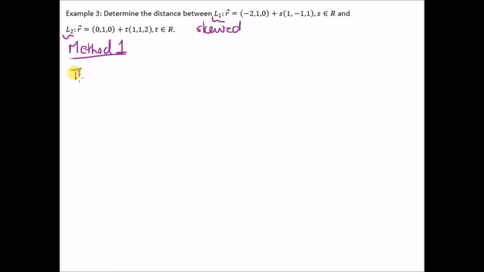So if we want to create plane 1, we're going to take the exact same point, negative 2, 1, 0. We're going to take the exact same direction vector, 1, negative 1, 1. And we're going to use 1, 1, 2 as the second direction vector.